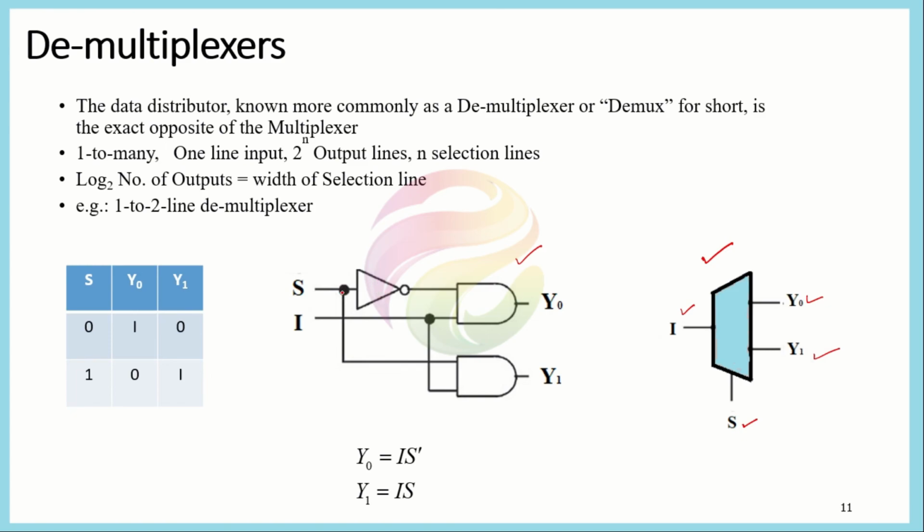We have a selection line here, and we get a 1 and 0 combination using this inverter here. At any given time only one of the AND gates would be producing the output. So for any given combination of s, we would be connecting the input to either y0 or y1. We can represent this in the form of an expression like this one.